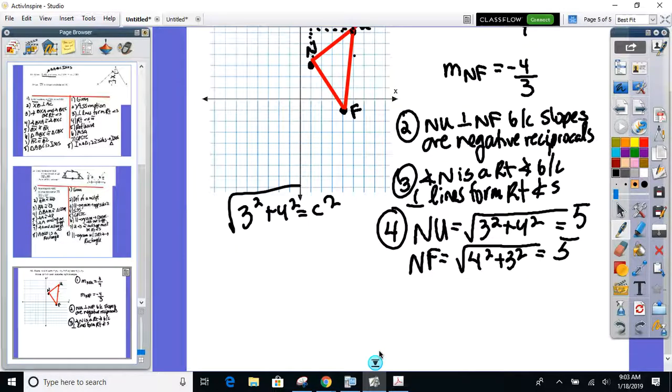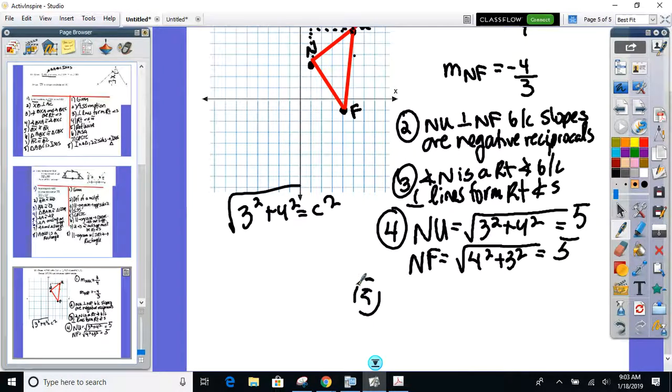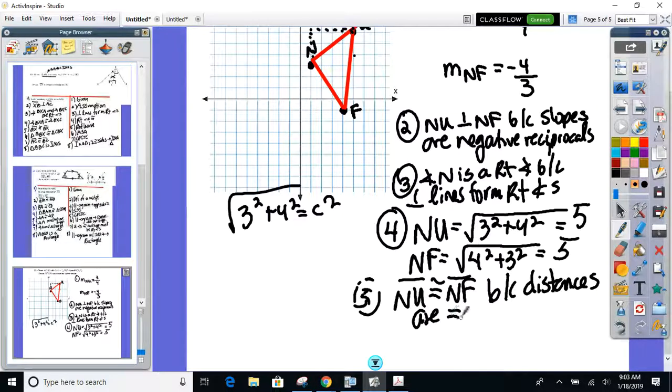All right, so what did I just learn there? For step 5, what did I just learn? NU is congruent to NF because distances are equal. And now I found out it was an isosceles right triangle.